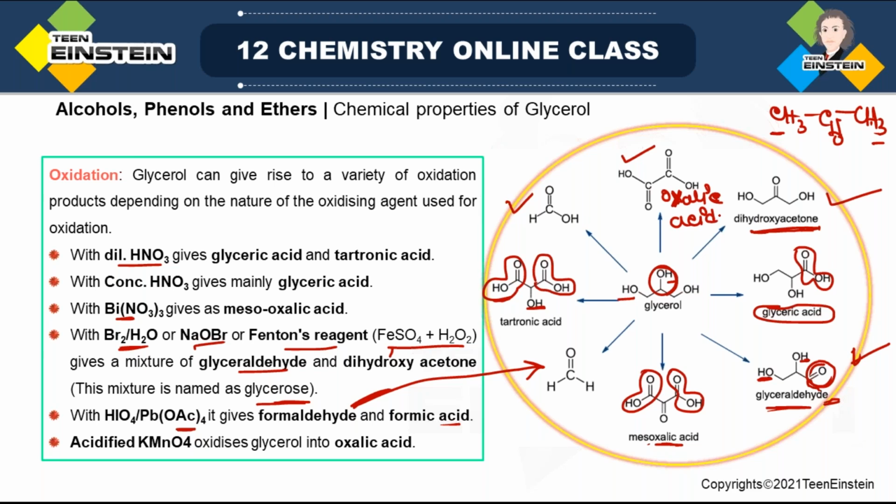Fine. So here how many different types of reagents have we used? Dilute HNO3, then concentrated HNO3, then bismuth nitrate, then the fourth one, any of these three reagents giving the same mixture, number 5, and this is number 6. Okay, so these are the possible oxidation reactions that you can get from glycerol.